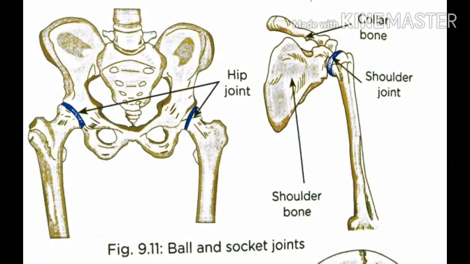So we can freely move this joint through 360 degrees. This is why it's called a ball and socket joint: one end is like a ball, and the other bone looks like a socket.